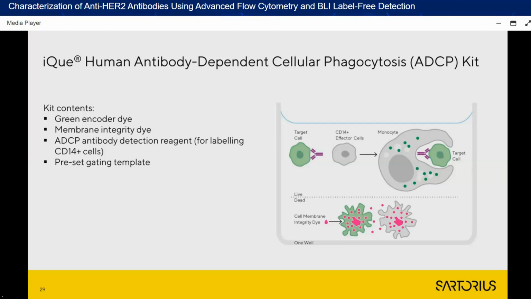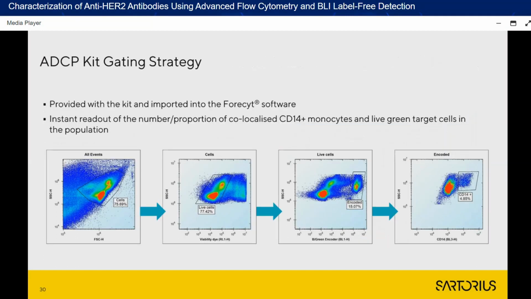The AU565s were labeled with the green encoder dye from the ADCP kit. The dead cells were excluded using a membrane integrity dye, and then the phagocytic immune cells, so monocytes or macrophages, were labeled using the ADCP detection reagent, which labels those CD14 positive effectors. And the kit also comes with a preset gating template, which is imported directly into the software, and that looks like this.